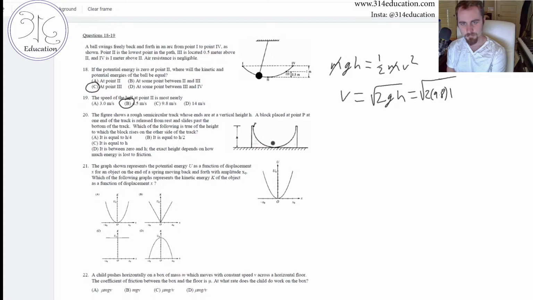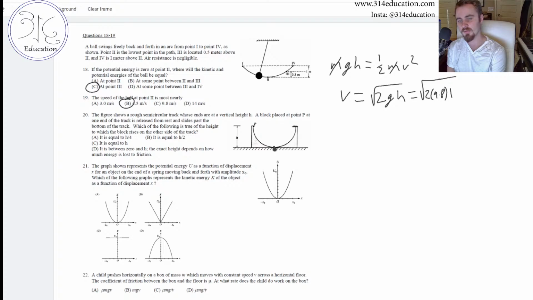Well, it says it's rough. So typically when they refer to rough surfaces, that means friction is not negligible. If we could completely ignore friction, if this were a frictionless surface, we would expect it to go up to h again. We don't expect it to go to 0 because we don't expect it to stop here.